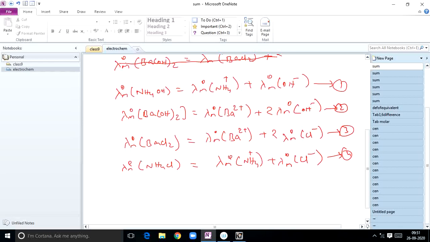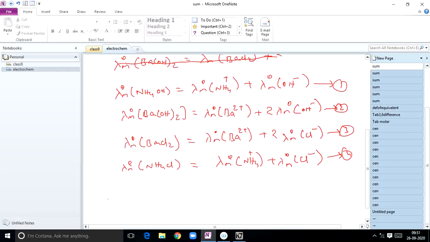Finally, 2, 3, 4 equations you have to use, and you have to bring first equation. How can you get it? First equation, I want lambda m naught of NH4 plus lambda m naught of OH minus only. For that purpose, how we can arrange? Barium ion should be cancelled. Okay. So for that purpose, what we can do? Here we want to get only one OH minus ion and one ammonium ion.